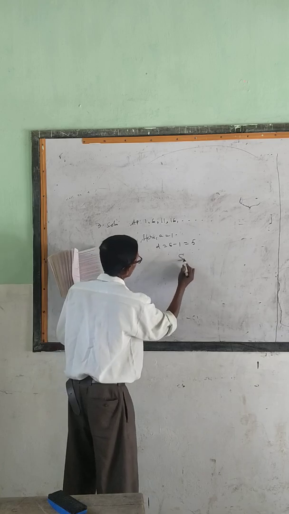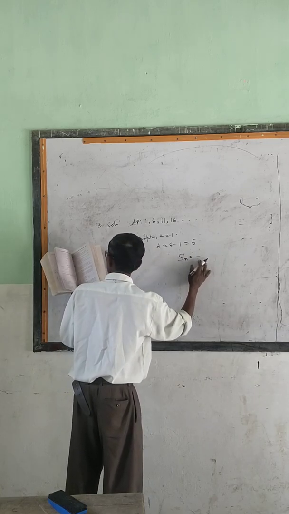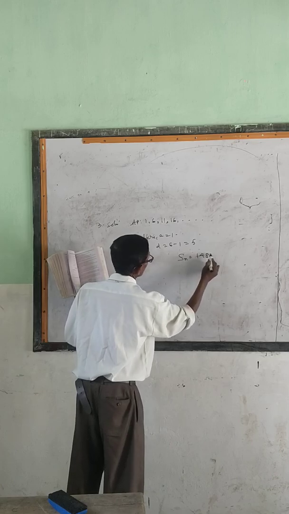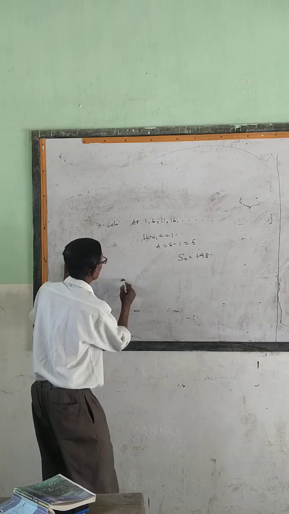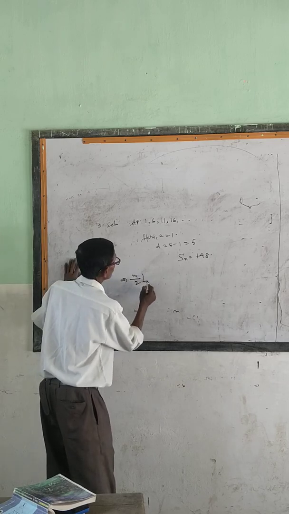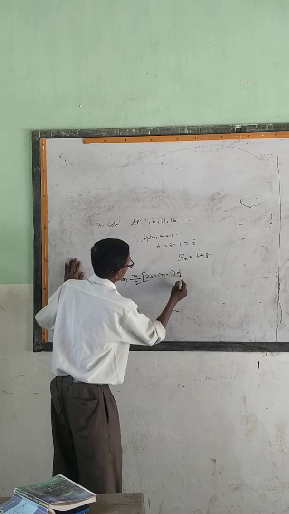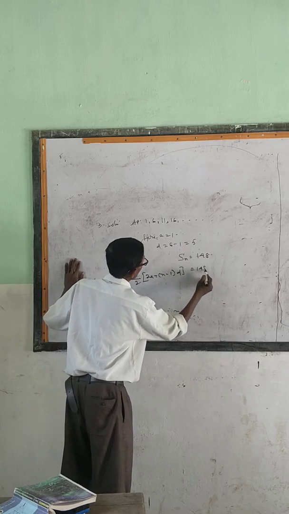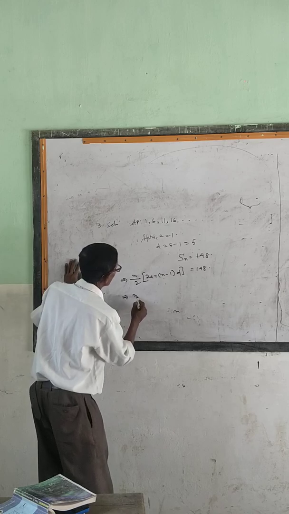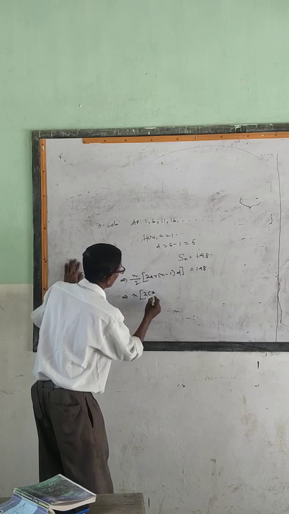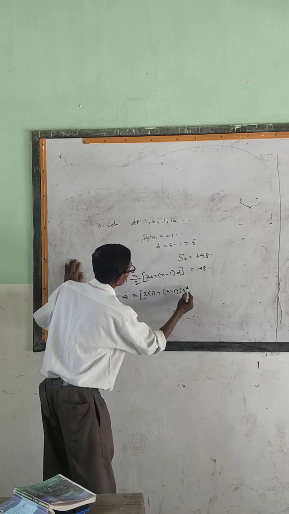So Sn is how much given? Sn is 148. We know the formula Sn equal to n by 2 times twice a plus (n minus 1)d. This is 148. n we do not know. a means 1, plus (n minus 1) d means 5.